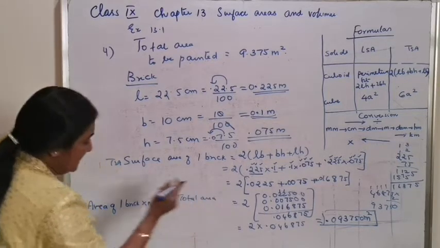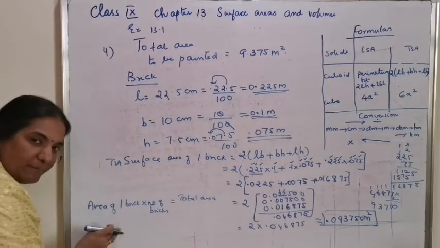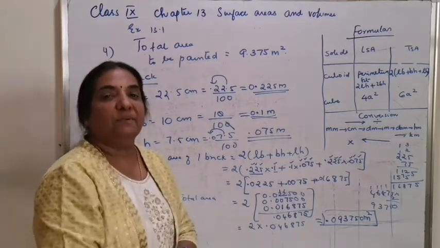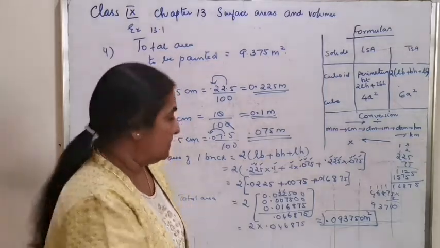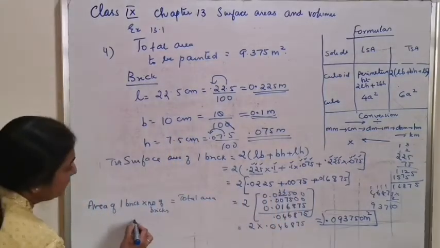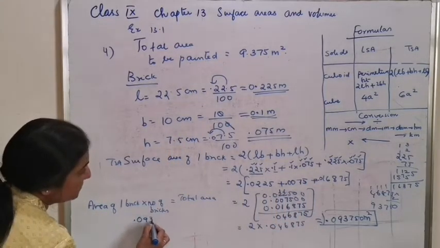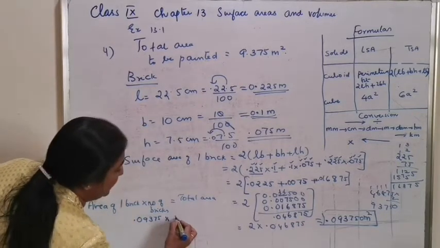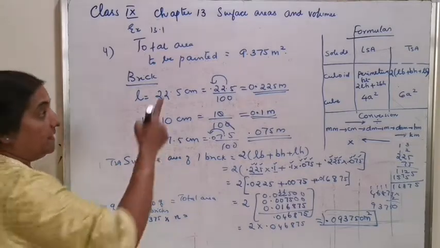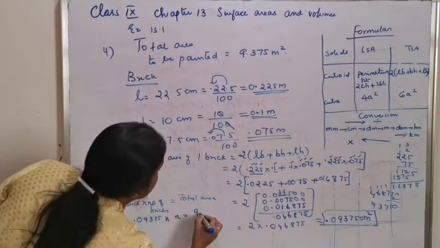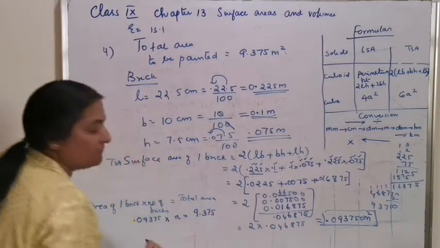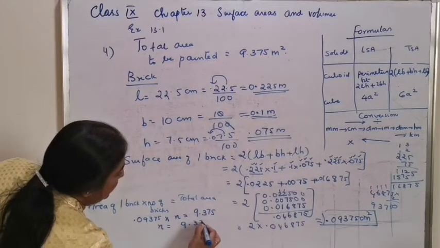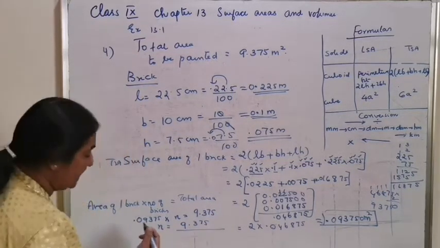That means this is the area of one brick, and how many bricks there are will give you the total area. 0.09375 into number of bricks, let us take it as n, is equal to the total area, 9.375. Therefore, number of bricks is equal to 9.375 divided by 0.09375.